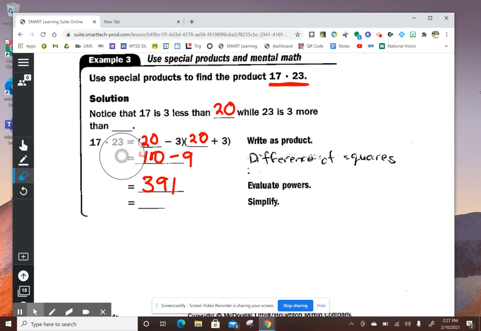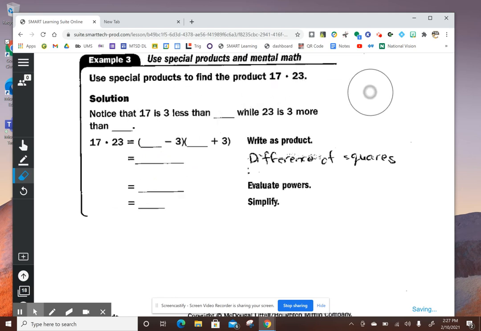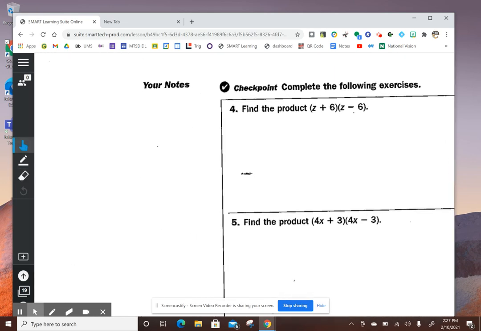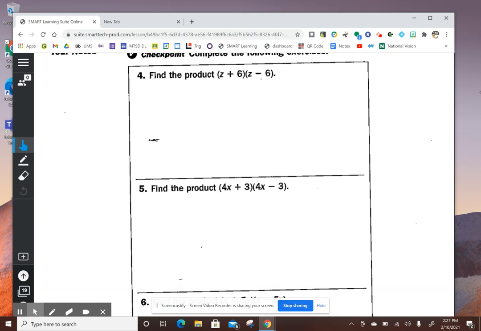So let's turn the page. And so this says find the product. Okay, so number 4, I notice it's plus minus, square of the first minus square of the last.